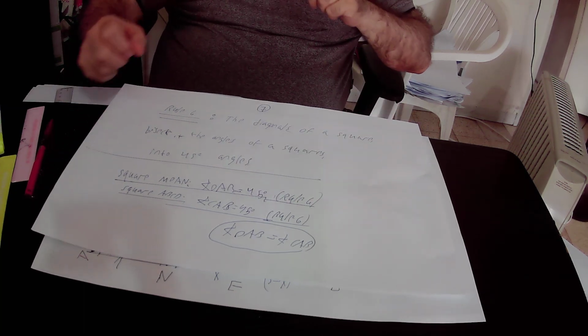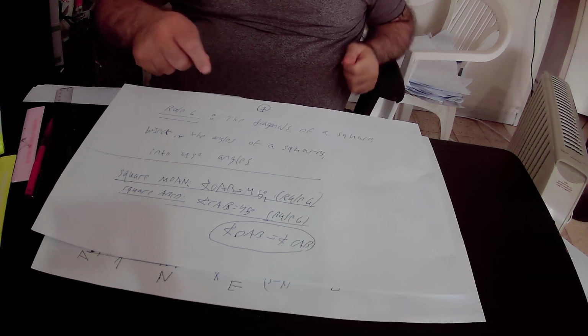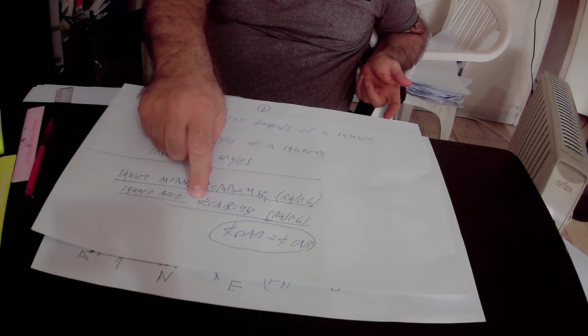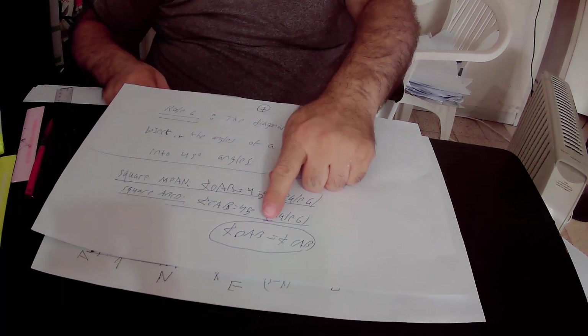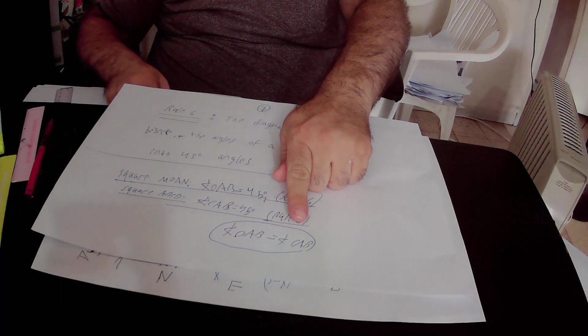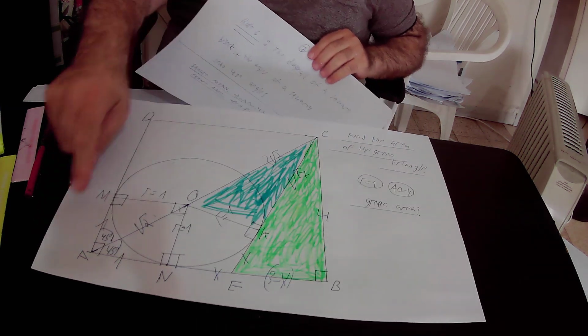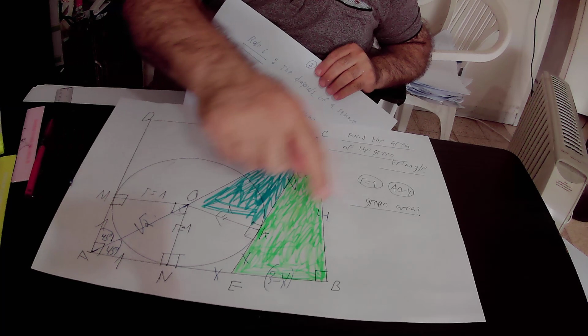Since those two angles are both equal to 45 degrees, they are equal to each other. That is to say, angle OAB equals angle CAB.